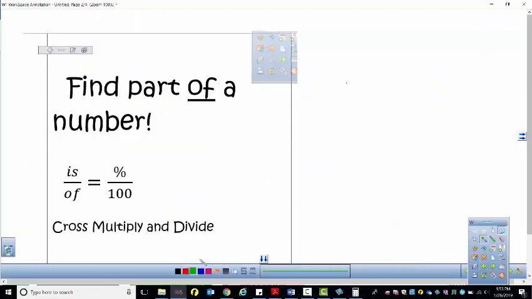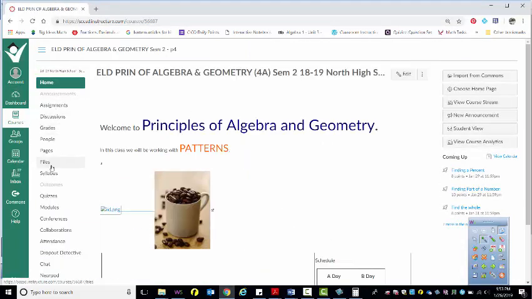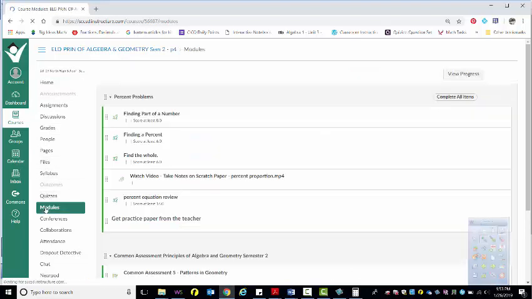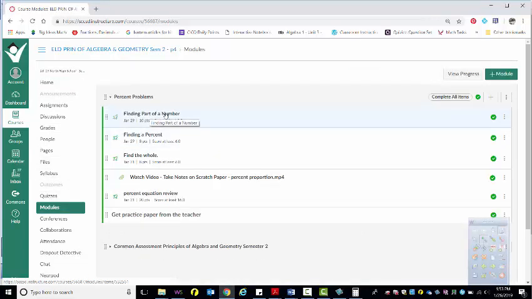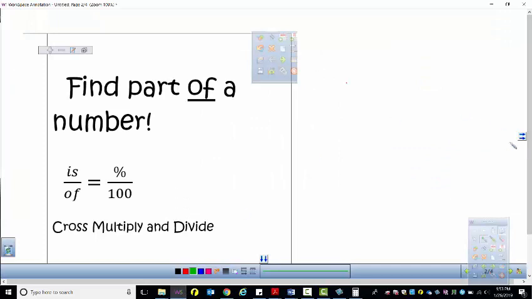So you're going to go to that module and you're going to do the one that says part of a number in the module. Now notice you have to get at least 8 before you can go on to the next stuff. All right, so get that done. When you get done with that, you come back to the modules and I'm going to show you a different type of problem.